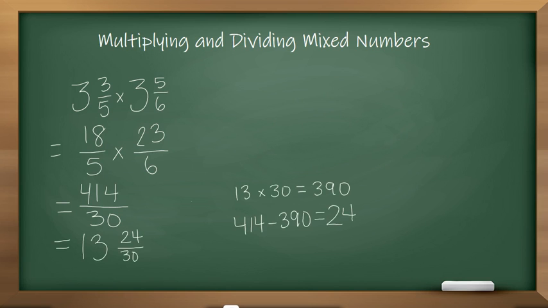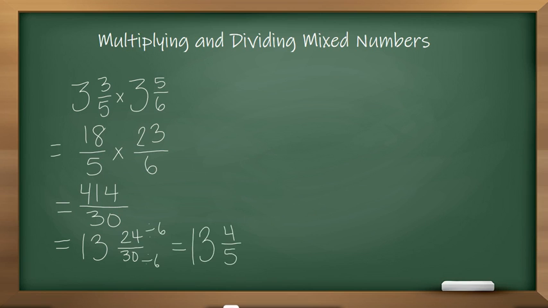Next I'm going to look at that 24 over 30 and think, is that in lowest terms? Because I'm pretty sure we can divide both of those by the same number, because 24 and 30 are both multiples of 6. So I'm going to divide both of those by 6. And that gives me 13 4/5.